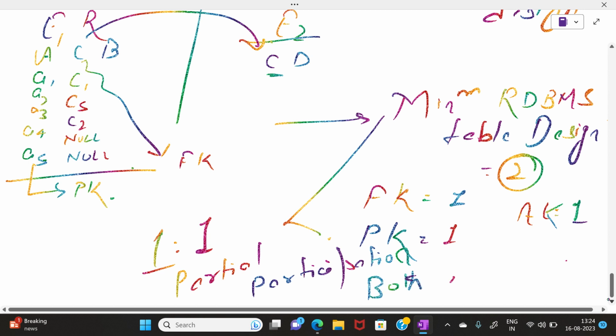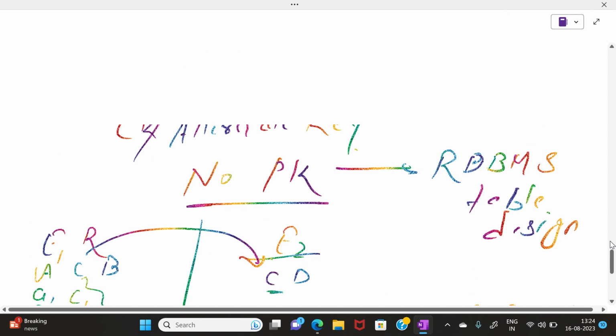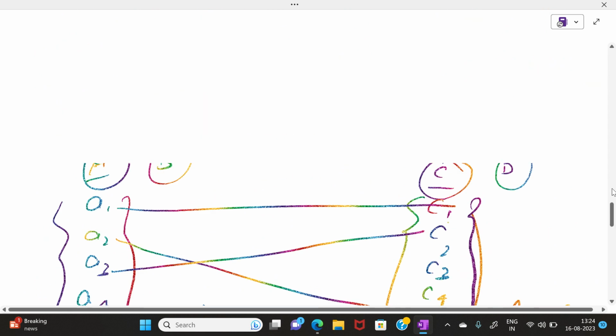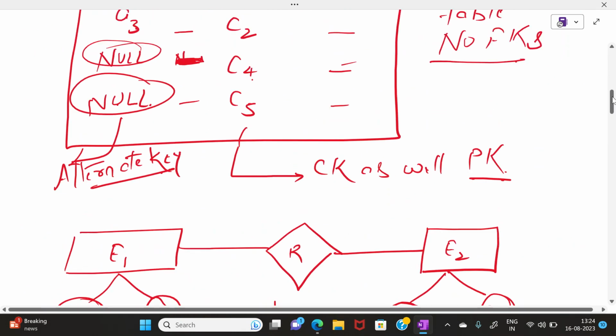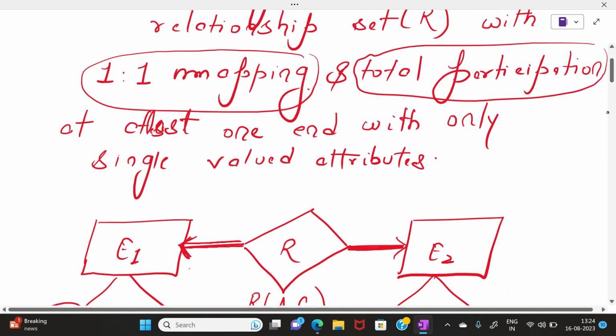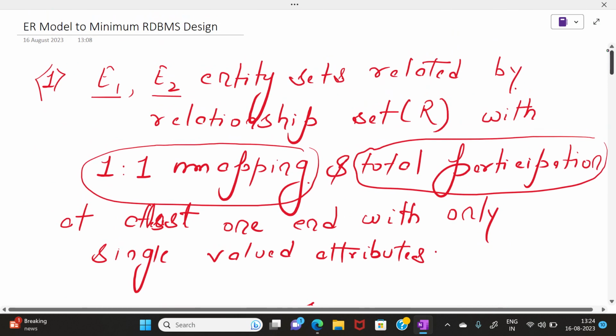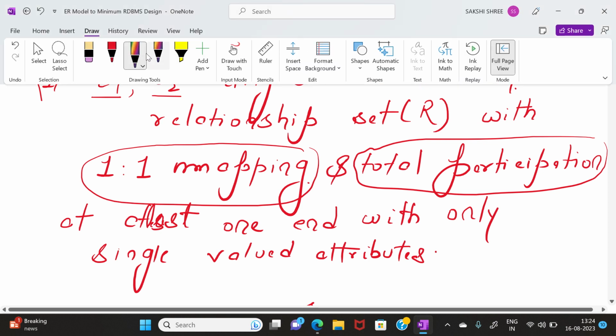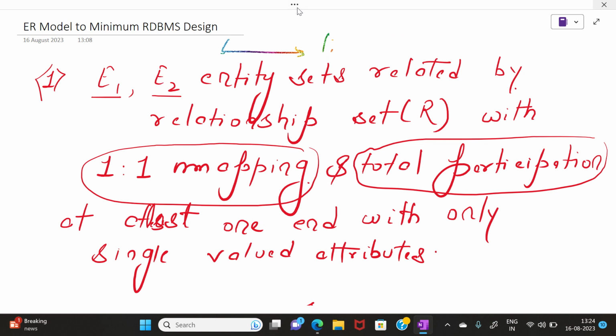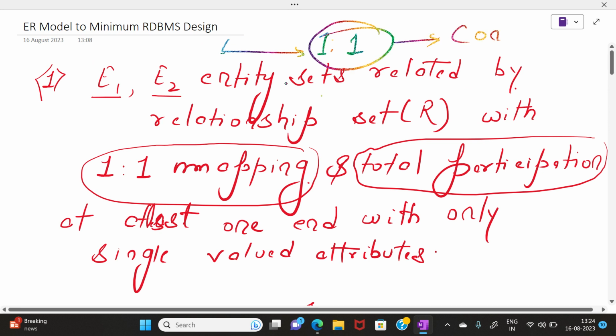So that is why the constraints we had already seen in earlier videos are necessary, because they help us determine how we can convert this ER model into a minimum RDBMS design, right? So this was all about the 1:1 mapping with the constraints. I'll illustrate 1:n mapping also.